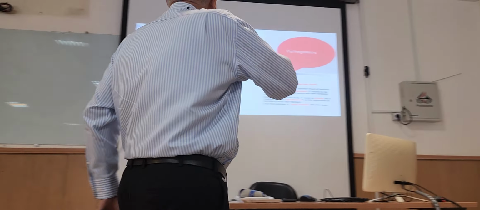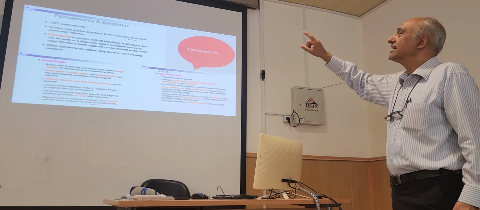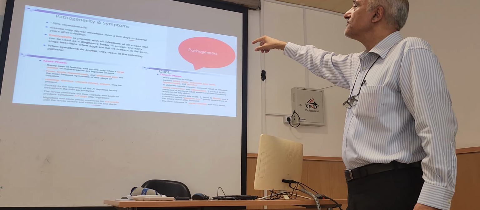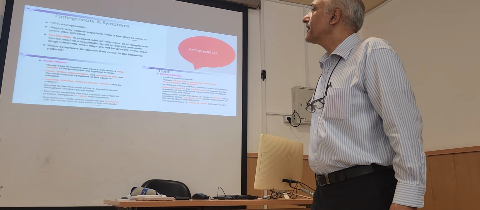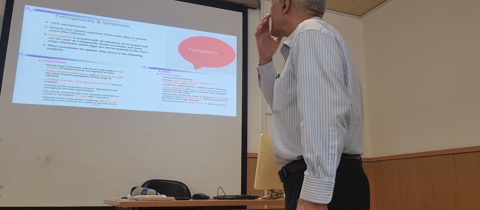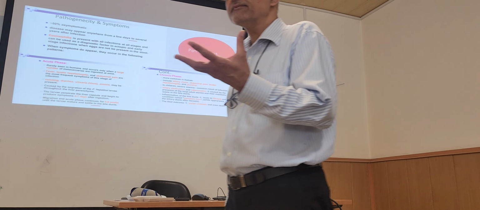Okay, eosinophilia is present with all infections at all stages and can be used as a diagnostic factor in ectopic and early stage infections when eggs are not present in the stool. Why?